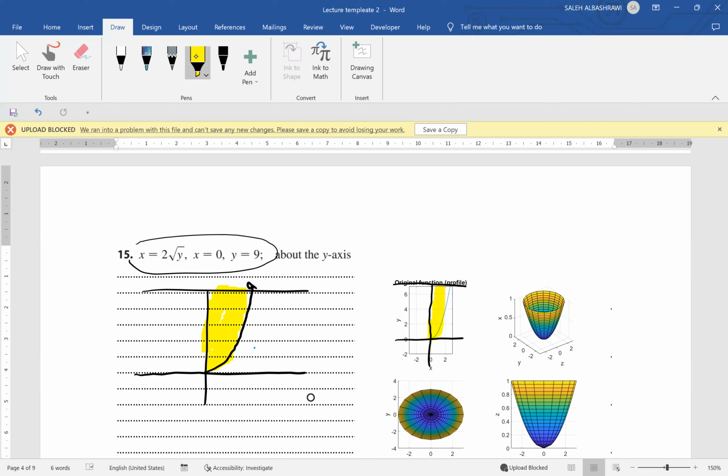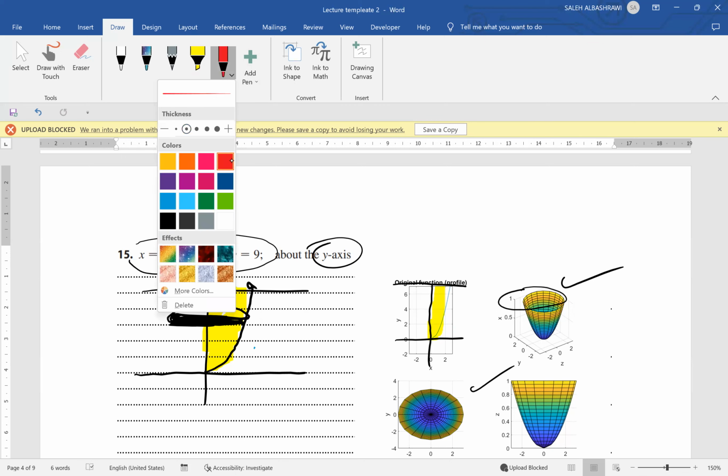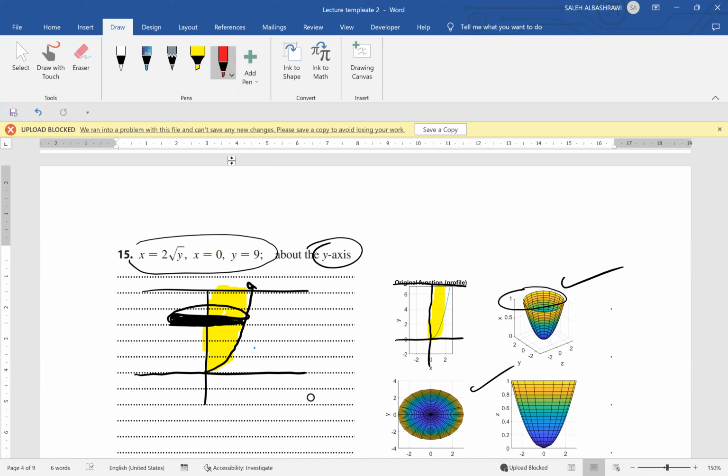It's clear. Now we need to rotate about the y-axis. I will have this shape, because if we take the typical rectangle and rotate it about the y-axis, I will have a disk. About the y-axis, I will have a cross-sectional area which is a circle. Now, to find A of y, not A of x, because this is horizontal and it is about the y-axis, this is my r.